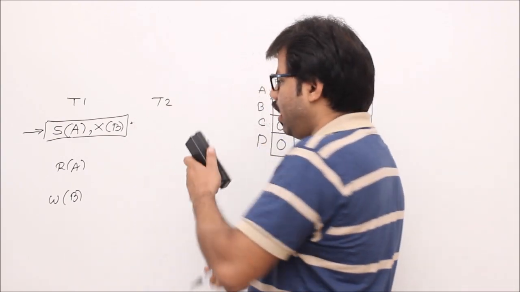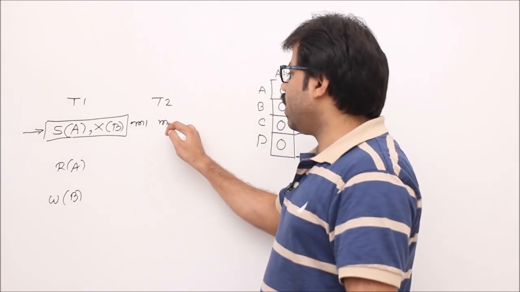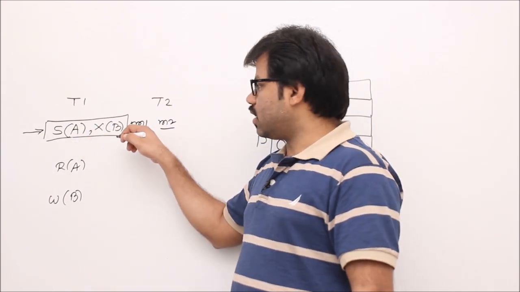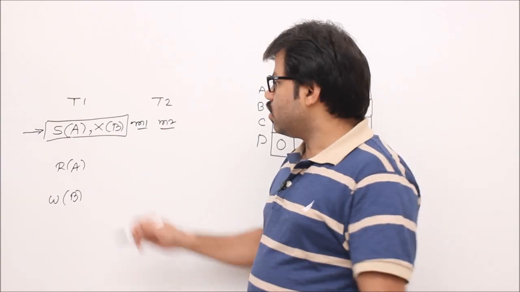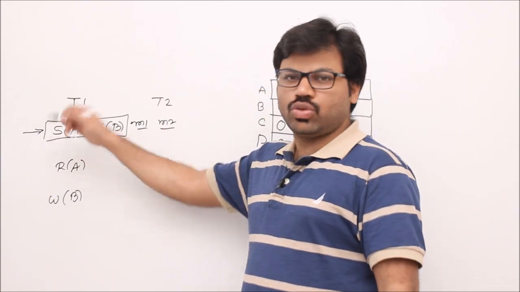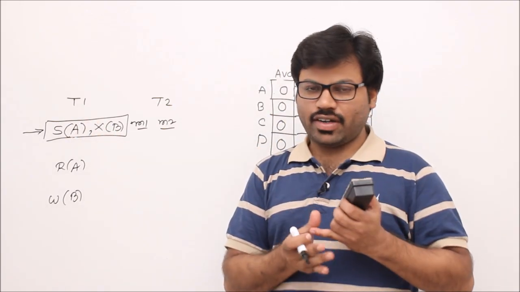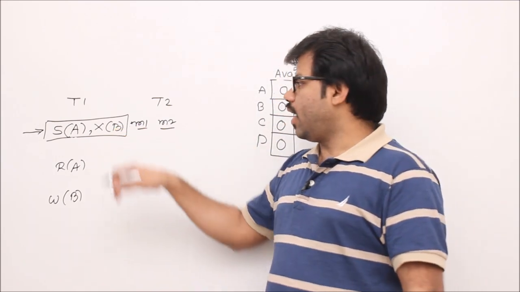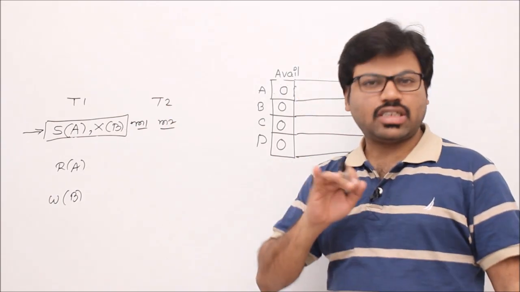Sir, what happens if there are multiple machine instructions? Assume that you are taking two machine instructions to do this activity. It need not be true generally, but let's assume like this. To do shared lock of A, that means to acquire that lock, we know how to acquire the lock, right? Many things we have to do. That entire process takes one machine instruction, and the entire process of the exclusive lock on B can be done by machine instruction 2.